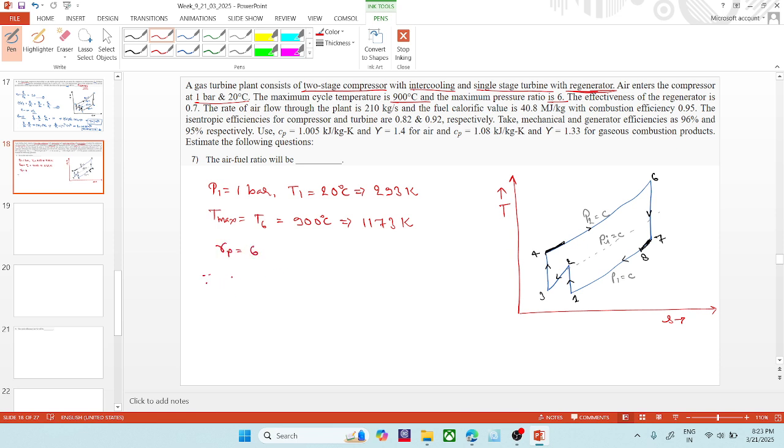So because pressure ratio RP is equal to P2 by P1, 6 would be equal to P2 by 1. So P2 is equal to 6 bar.